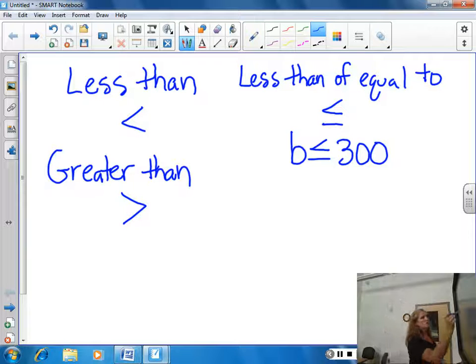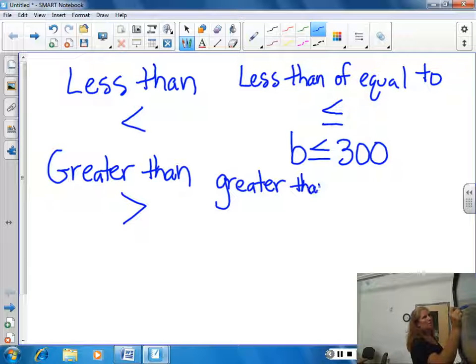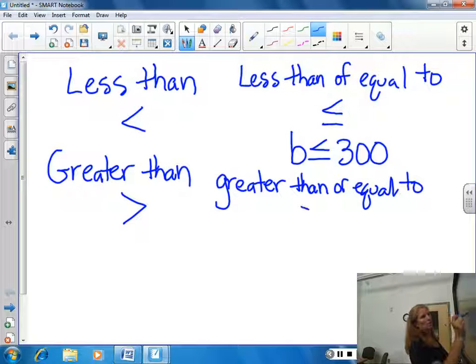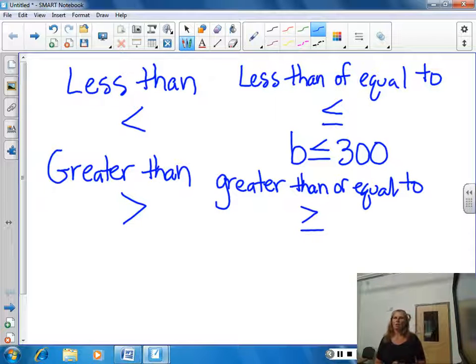So that's greater than or equal to. And that has the equal to part. If you're looking at a stadium that you built and you can put 10,000 people in it, then you say the capacity of the stadium is less than or equal to 10,000. You can't put more than 10,000 in there.